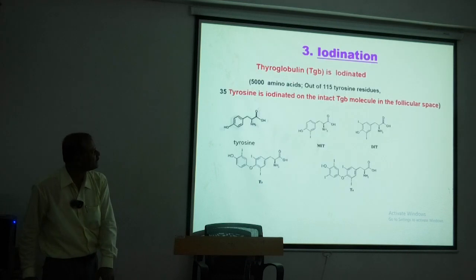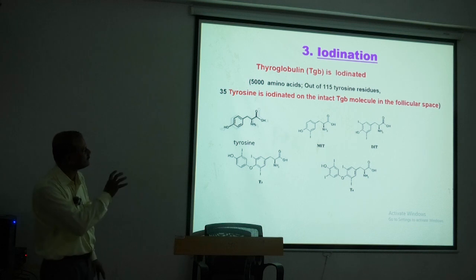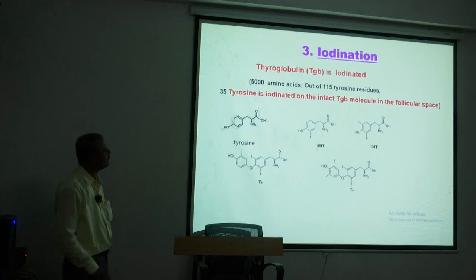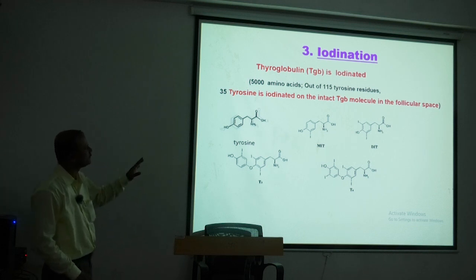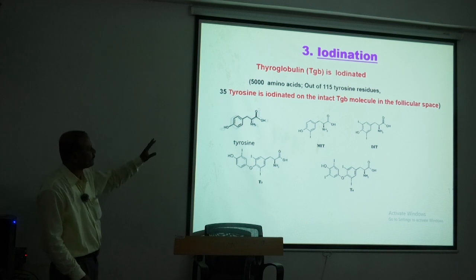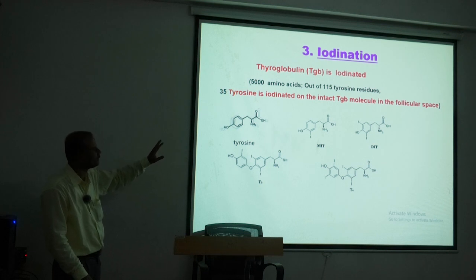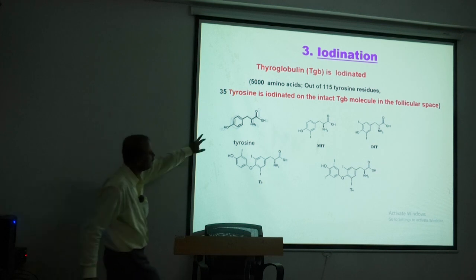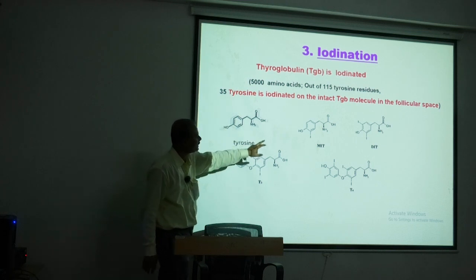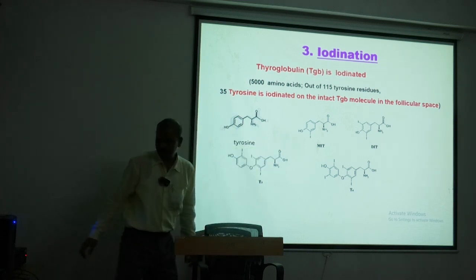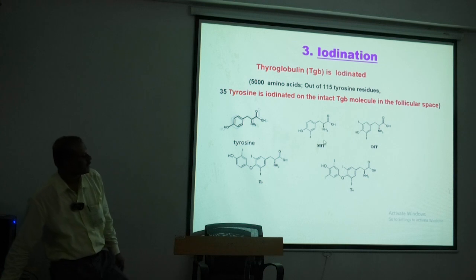This is basically iodination. Just remember this important step: in the thyroglobulin molecule there are several tyrosine residues, but out of those usually 35 tyrosine residues are iodinated on the intact molecule. This is a tyrosine molecule, and if a single iodine atom is attached, it is called monoiodotyrosine.